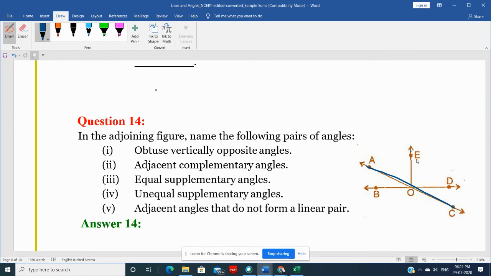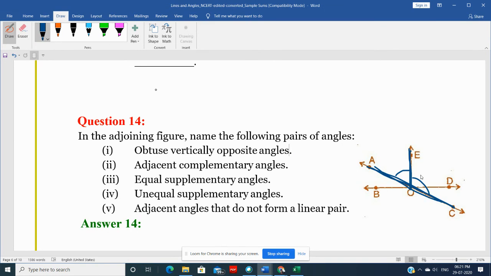Can I say EOA and EOC, right? See, this one is the smaller one and this one is the bigger one, that is acute and obtuse. So they are unequal also. Because they are forming a linear pair, they are supplementary also, right?